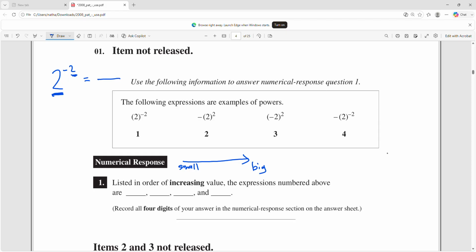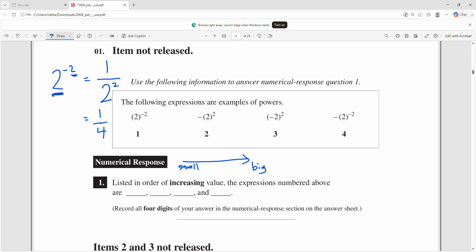So I'd have 1 over 2 squared. What is 2 squared? It's 4. So that would equal 1 over 4.